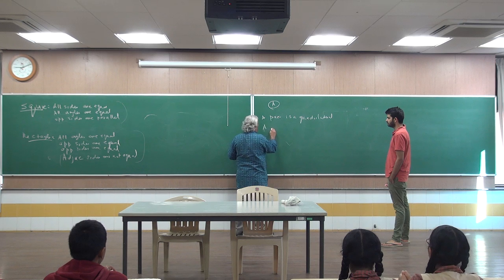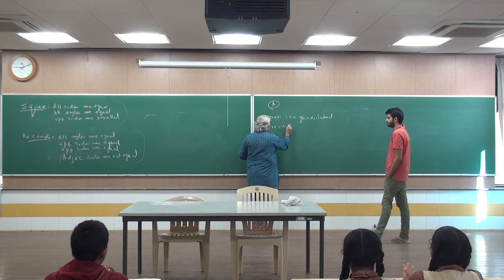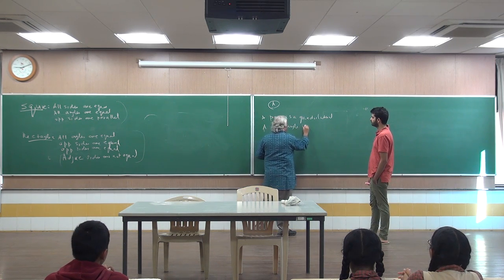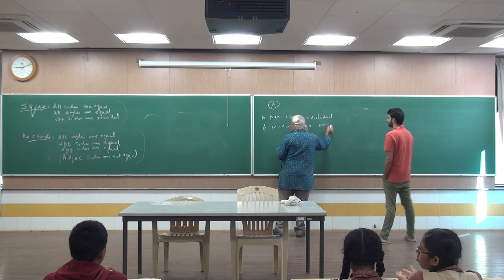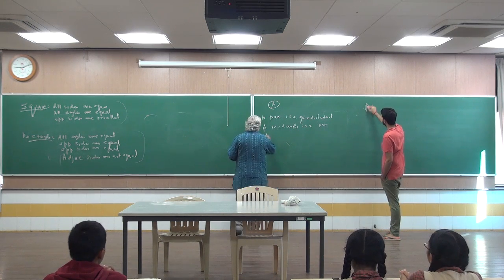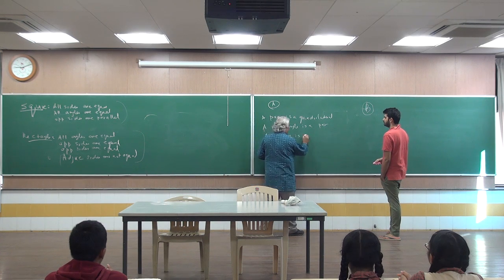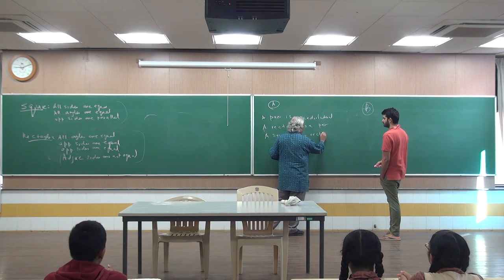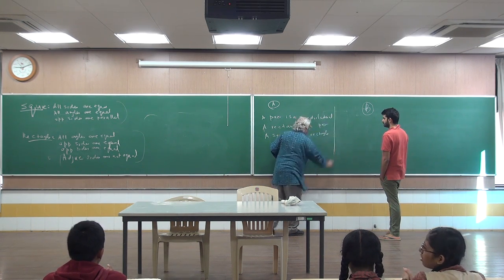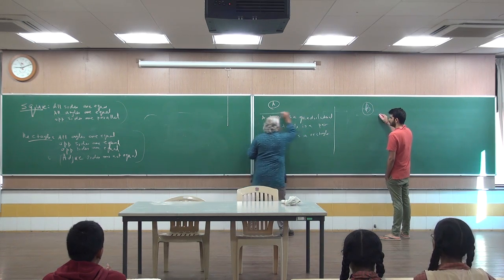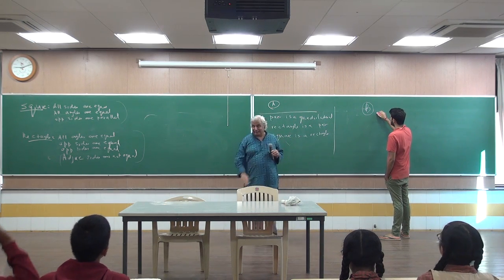A rectangle is a parallelogram, right? And a square is a rectangle. This is what all of you are saying.